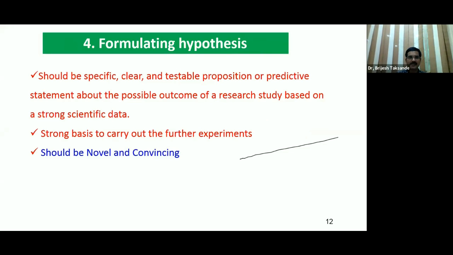Hypothesis, as I told you, is a presumption, an assumption of your outcome: that after completion of this, I would be in a position, or my laboratory would be in a position, to have this solution for that problem. So the hypothesis should be very specific, very clear, a testable proposition or prediction statement about the possible outcome of the research study based on strong scientific data, right?